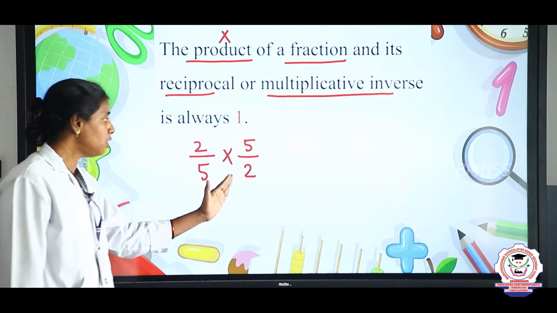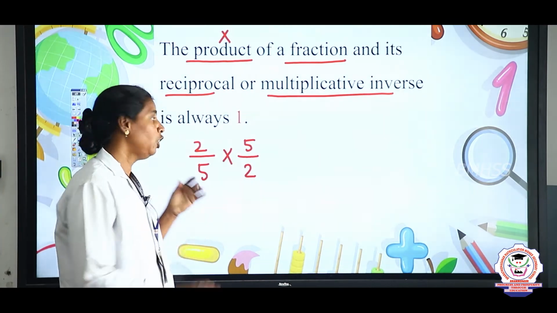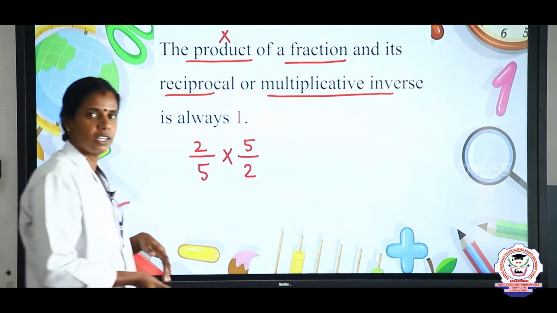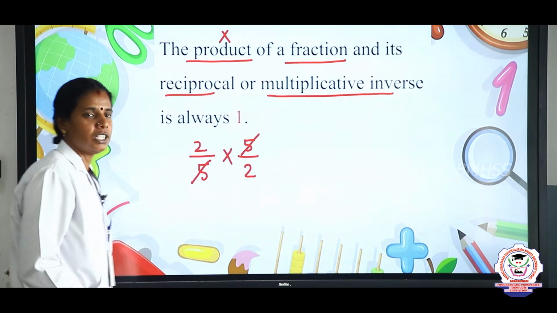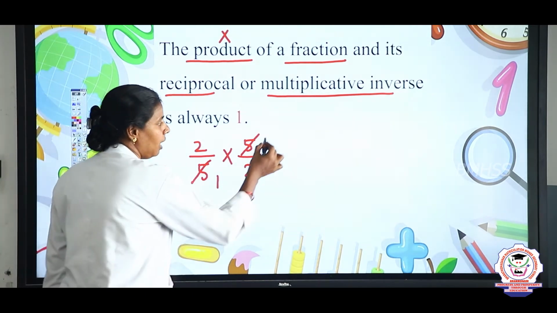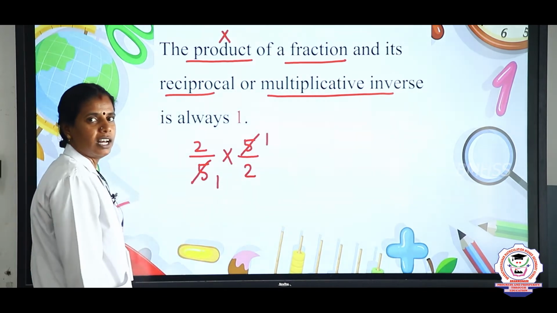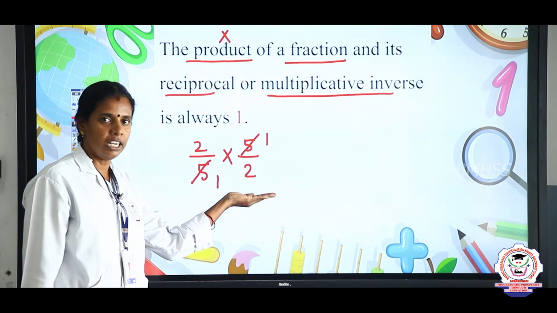What is the product of these two? See, 2 by 5 into 5 by 2. We know how to multiply two fractions, right? So, we can cancel the numerator and denominator, children. How many times can you cancel 5 here? 1 time, and here also 5 ones are 5. Next, here 2 is in the numerator and here 2 is in the denominator.